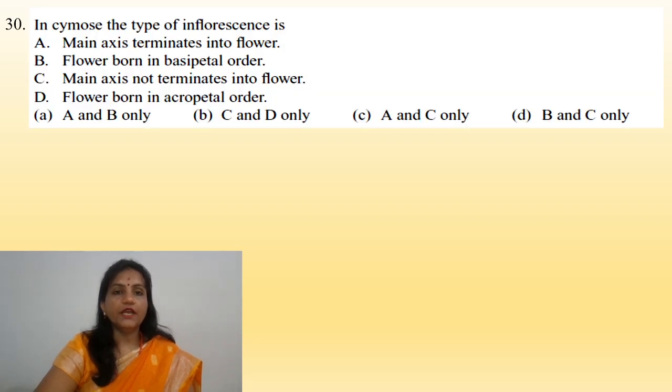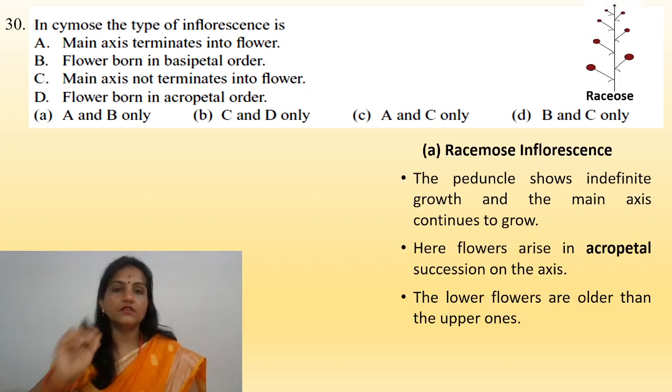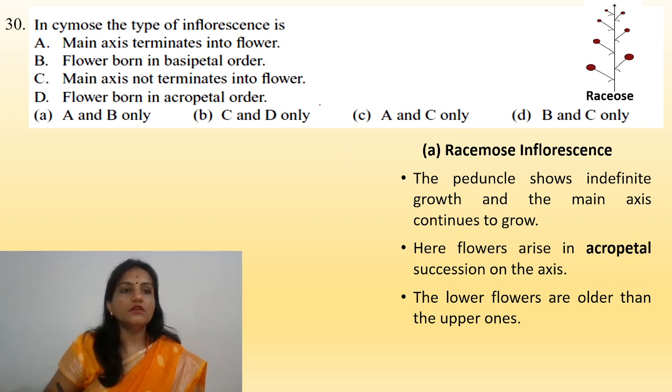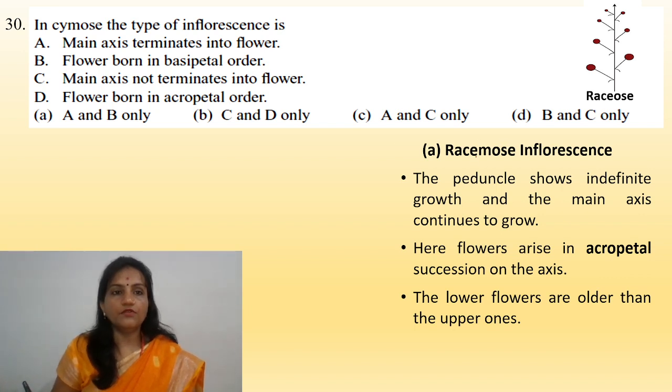We have two types of inflorescence, that is cymose inflorescence and racemose inflorescence. Let's understand this one. First understand we do have two types. In racemose inflorescence, the peduncle shows indefinite growth and the main axis continues to grow. Here you can see this is the peduncle, the main axis where the flowers are arranged.